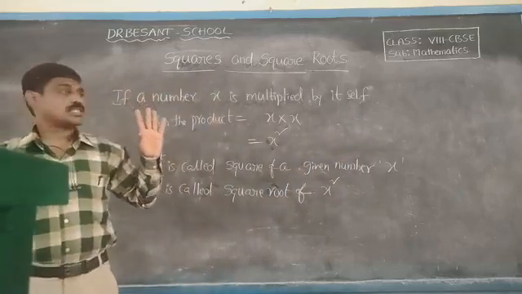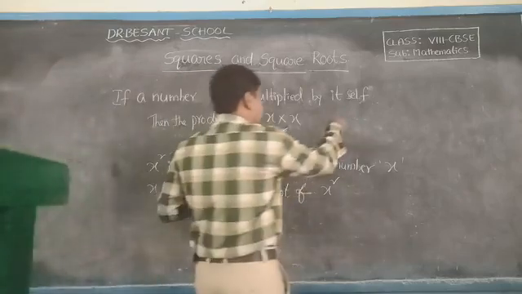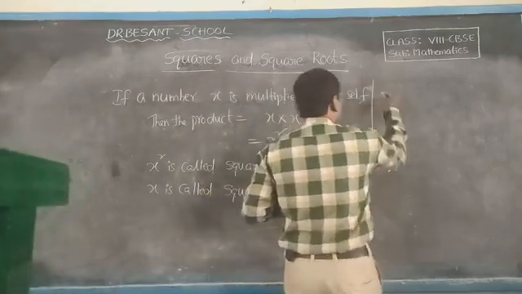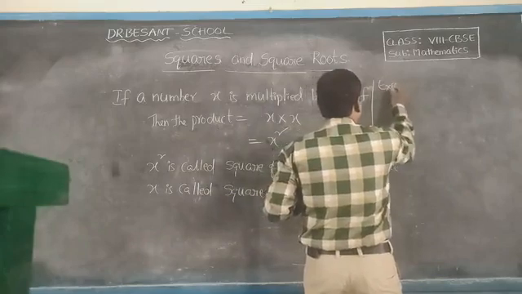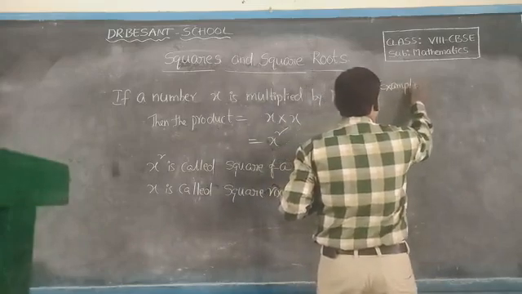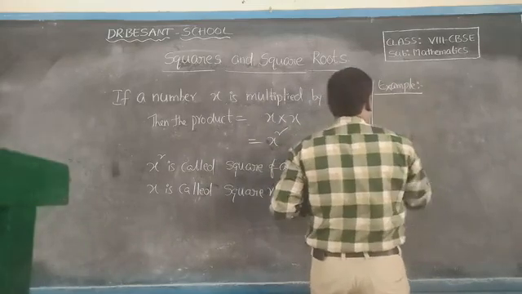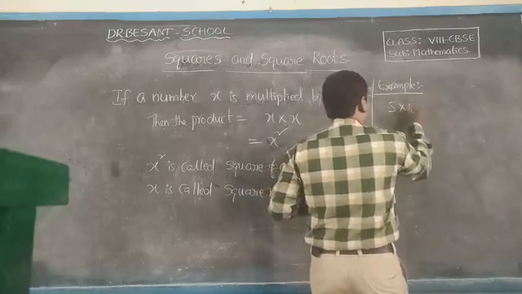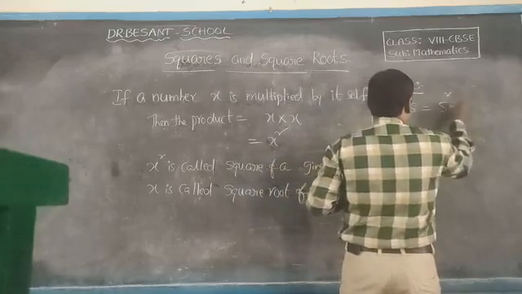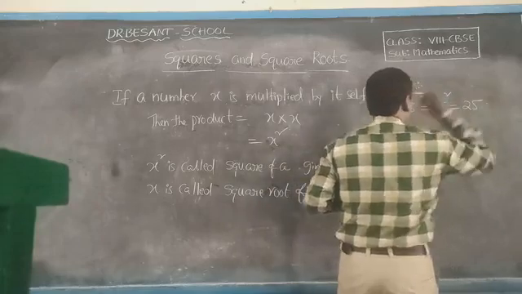Okay, children. Now I will give you some example. See, 5 into 5, that is equal to 5 square. So that is equal to 25.